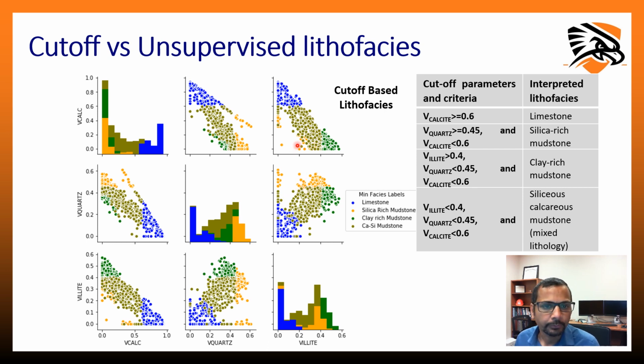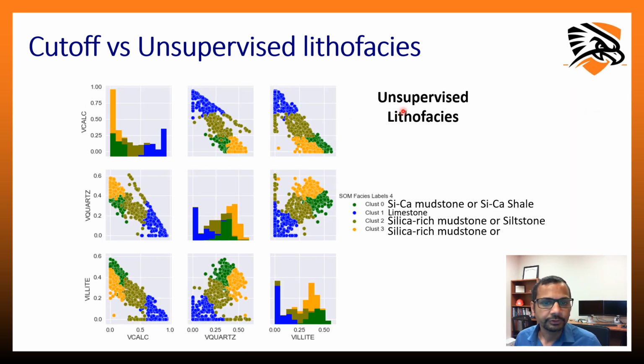So now let's look at the unsupervised lithofacies crossplot. So here you can see that on the crossplot, you have clusters forming, and these clusters have fewer points which are scattered.